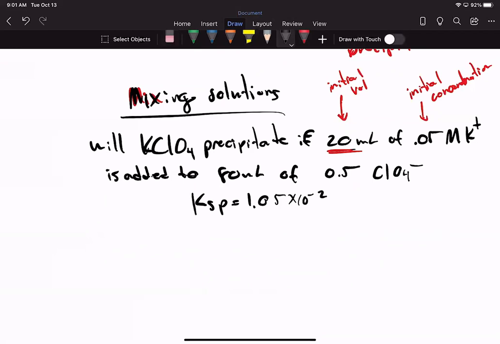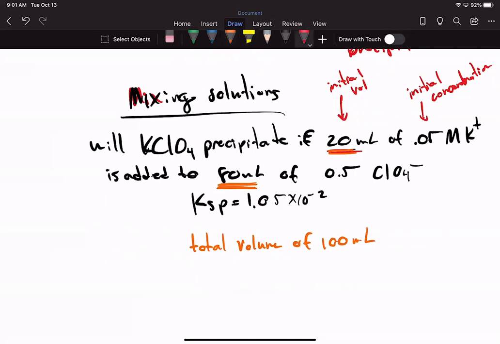If I have an initial volume and an initial concentration, if I add these together, I take 20 milliliters of this solution and mix it with 80 milliliters of this solution, which gives me a total volume of 100 milliliters.